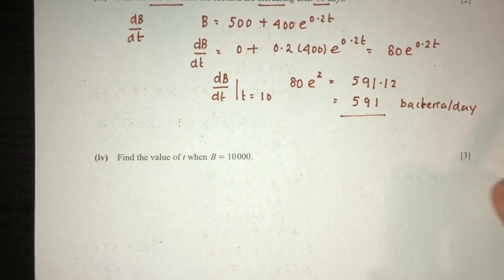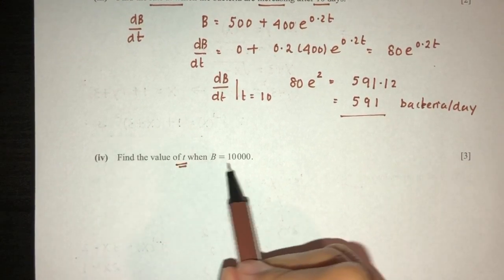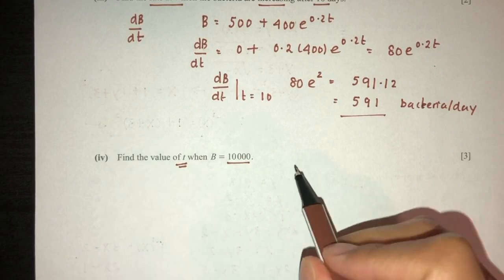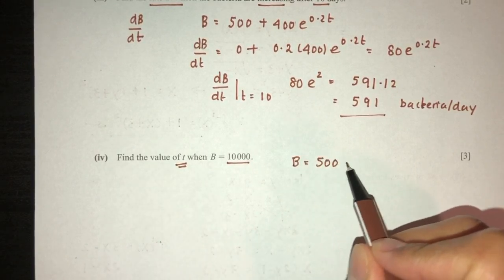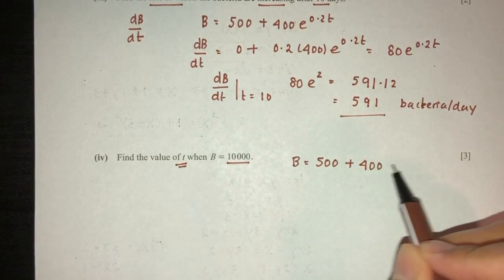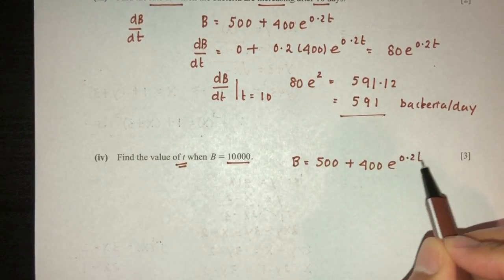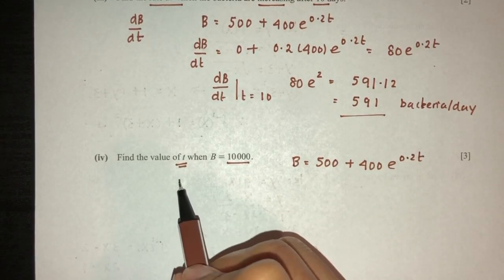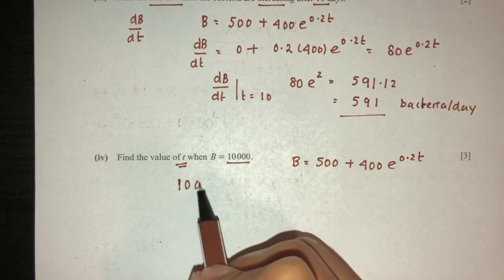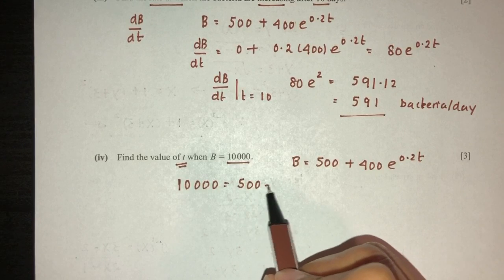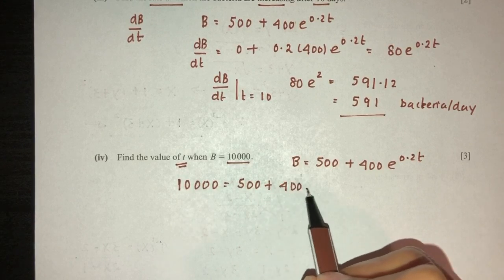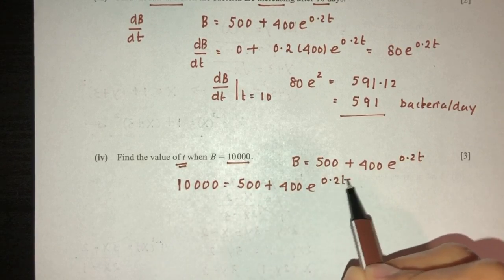Now for part 4, we have to find the value of t when B is equal to 10,000. So B is given by 500 plus 400 exponential 0.2t. When B is equal to 10,000, replace back here, you will have 500 plus 400 e^(0.2t).